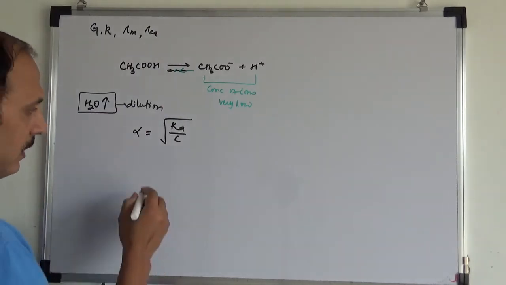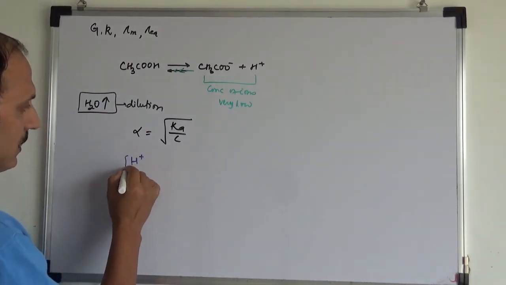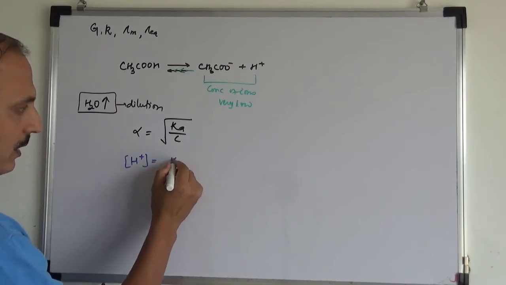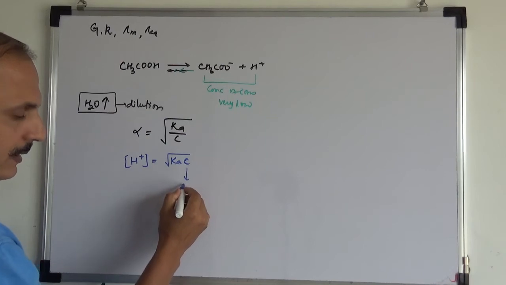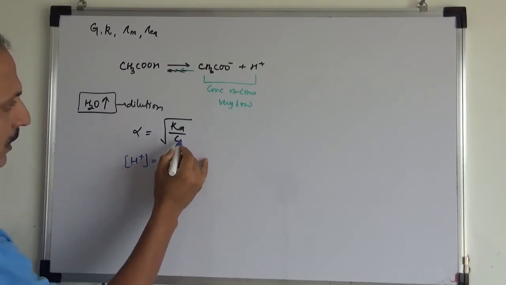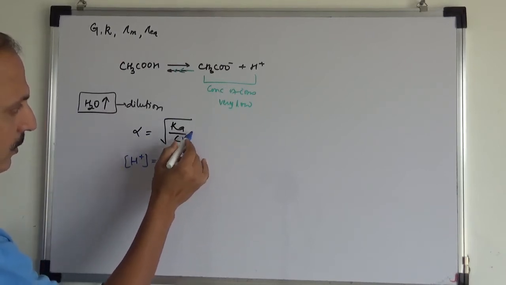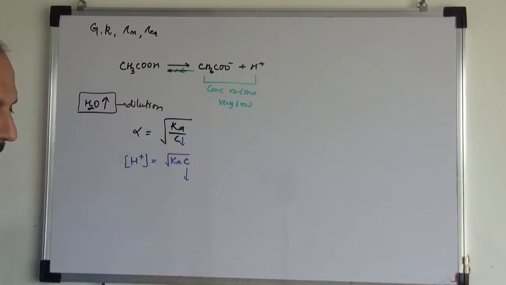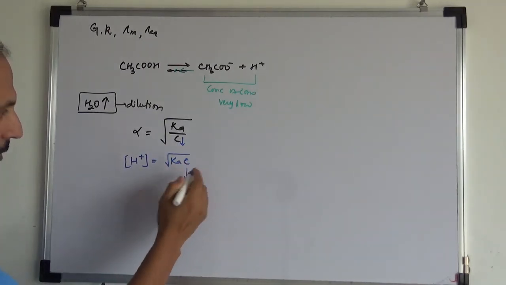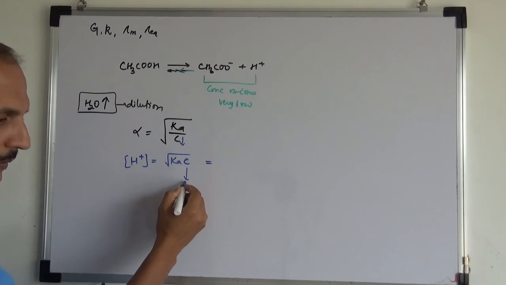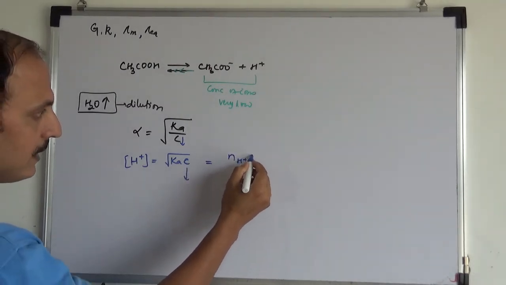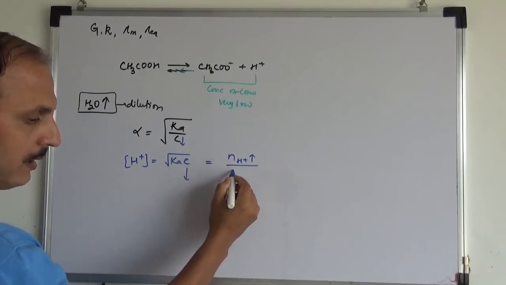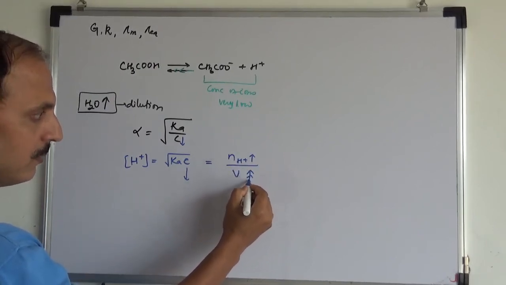Let's see the H plus concentration, which is the square root of K by C. Since the value of C is decreasing because you are adding water, alpha has increased, so the number of H plus ions is increasing. But we are also adding volume, so volume is increasing more.